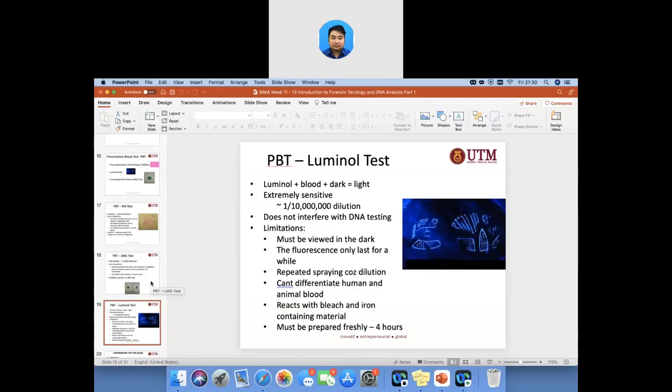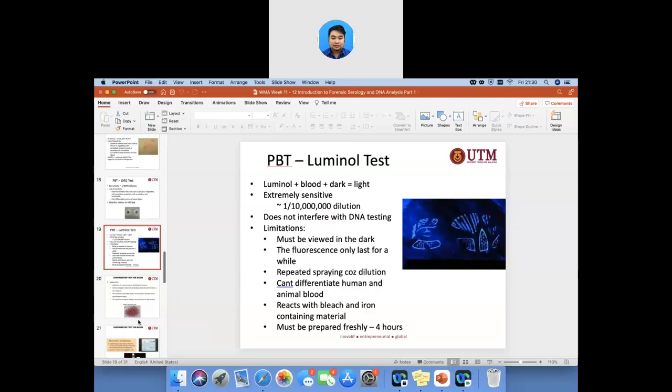So the luminol test is the most sensitive one. But the limitation is that it must be viewed in the dark. The fluorescence only lasts for a while. So when you have sprayed the luminol solution, straight away you need to make sure that it is quite dark for you to be able to look at it. That is the luminol test, Kastle-Meyer test, and leucomalachite green.